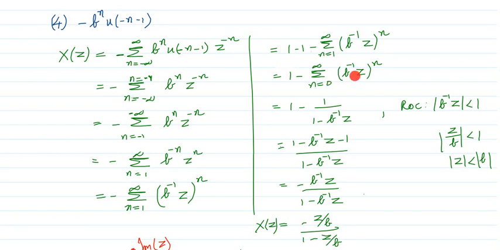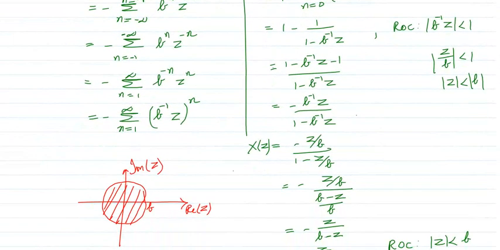So 1 by 1 minus a, provided this term b power minus 1 into z should be less than 1. That is nothing but z by b should be less than 1. So magnitude of z should be less than magnitude of b. So this is the ROC. Other things are simple mathematical manipulation, taking it to the numerator, taking the LCM and proceeding, we will be getting this.